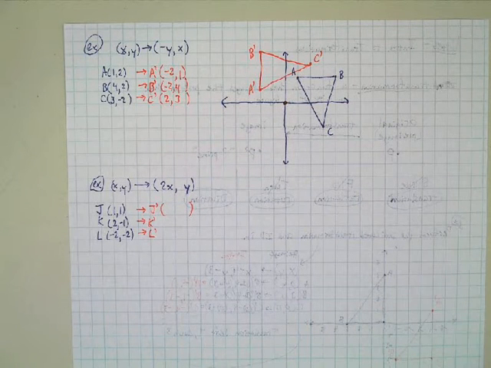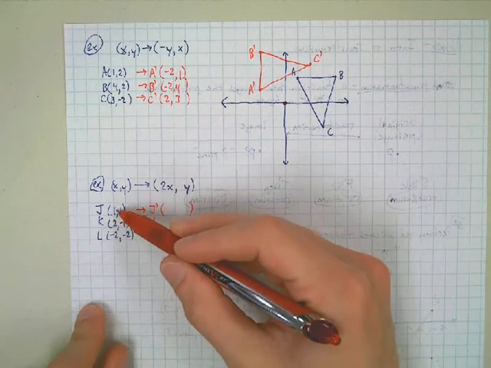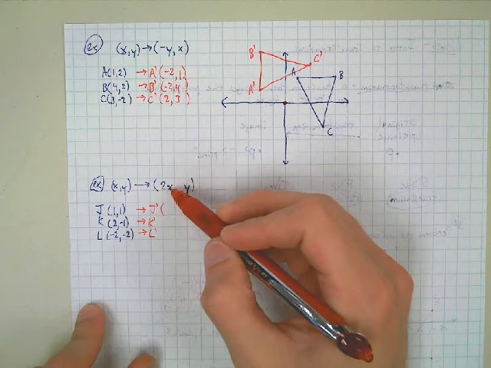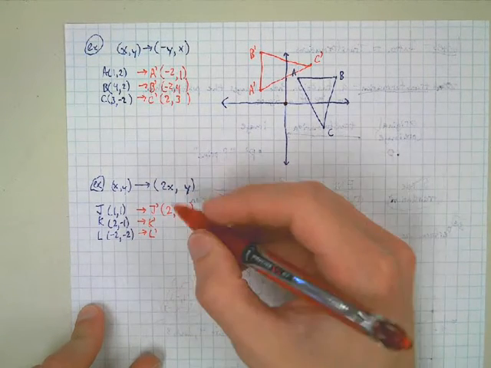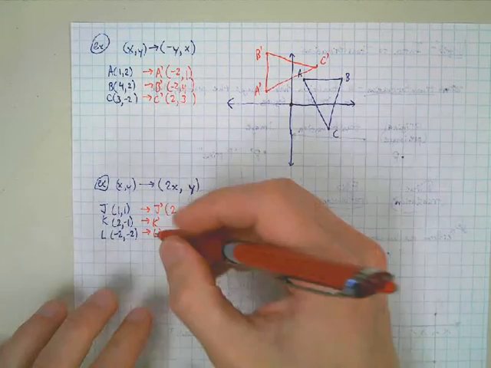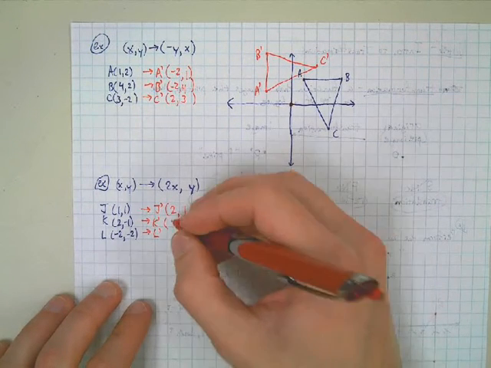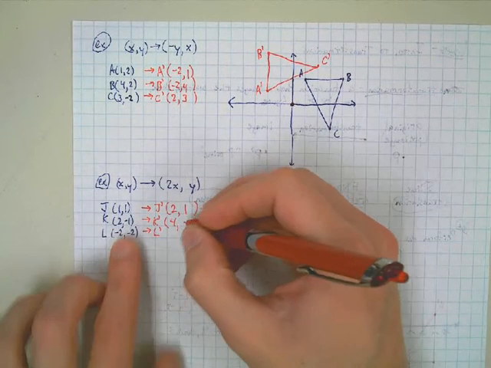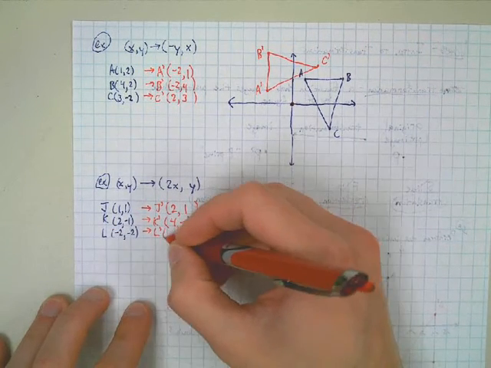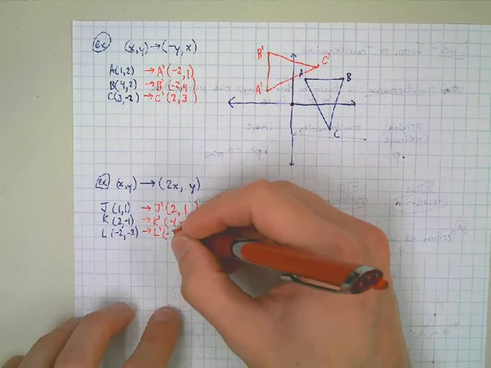Okay, so J prime, K prime, L prime. What will be the new coordinate for J prime? The x-coordinate of 1 becomes 2 times 1, so it'll be 2, and then 1 for the y.